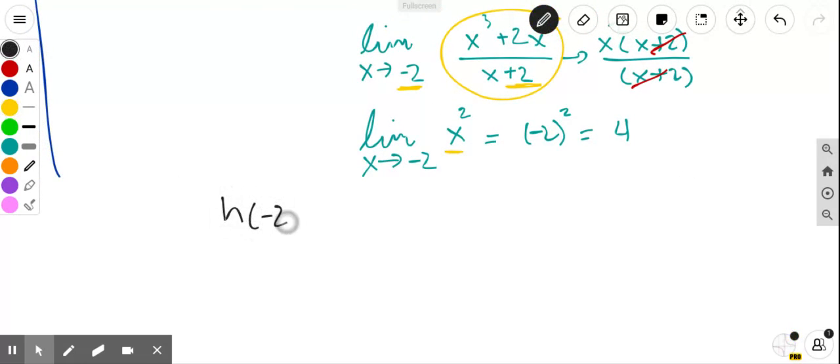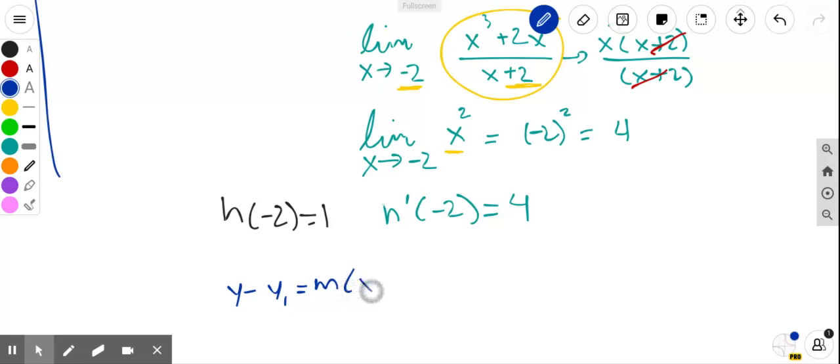Since we know that h of negative 2 equaled 1, and this means that h prime of negative 2 is equal to 4, and we know the point-slope form is y minus y1 is equal to m times x minus x1, where this is your x sub 1, this is your y sub 1, and this is your m, all I have to do is the substitution.